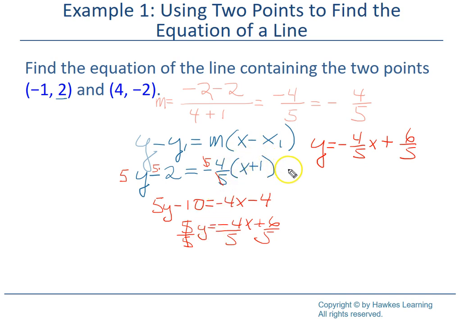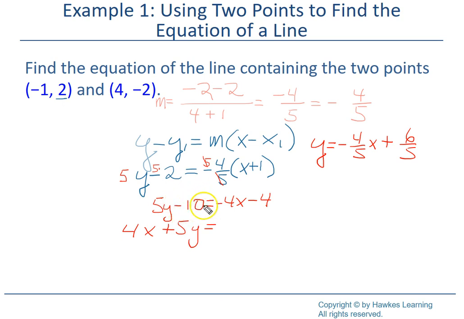Now, sometimes they might ask that rather than being in slope-intercept, they'd want this equation in what we call standard form. So I'm going to erase this here, because when it's in this form here, it's easy to convert it to standard form. I'm going to take the negative 4x from this side, bring it over to this side as a positive 4x, plus the 5y stays there.